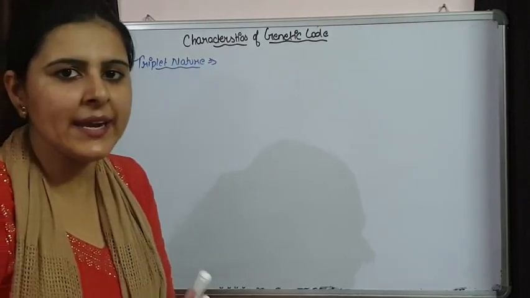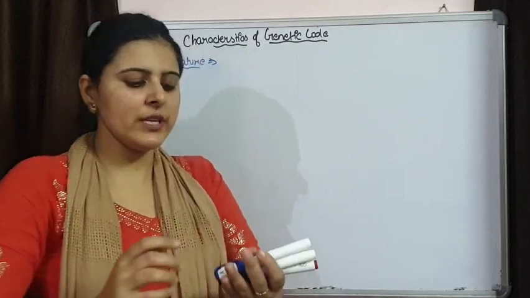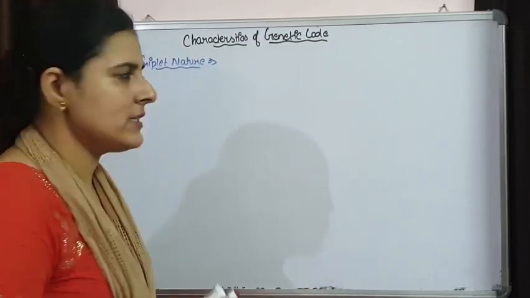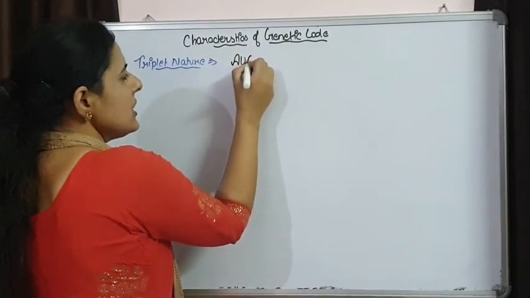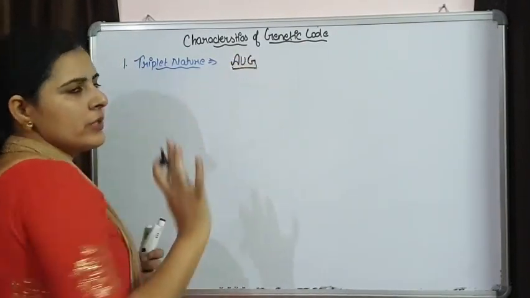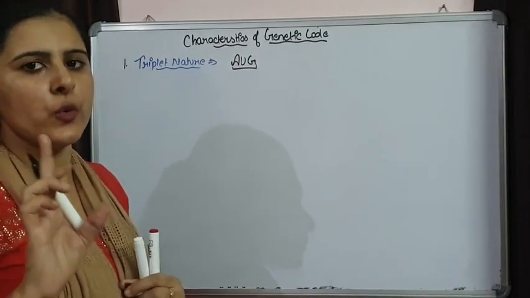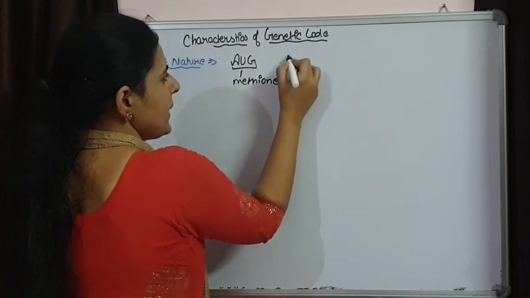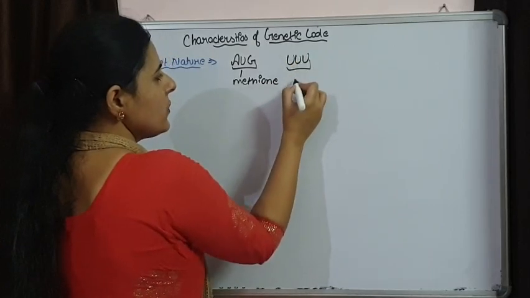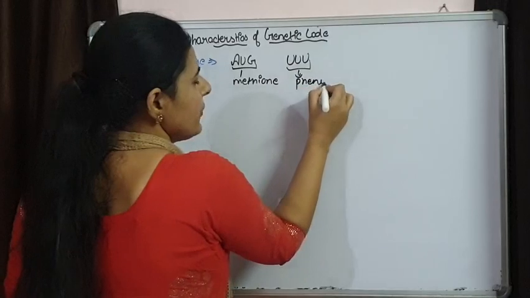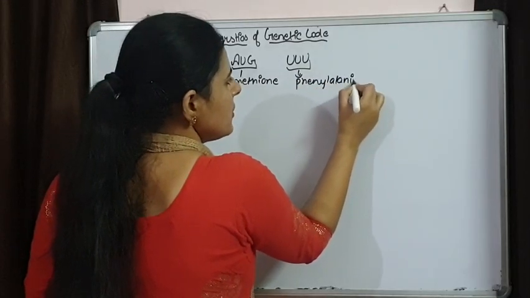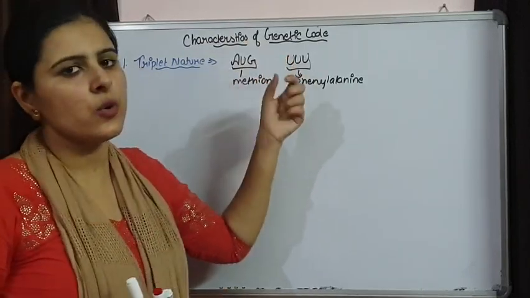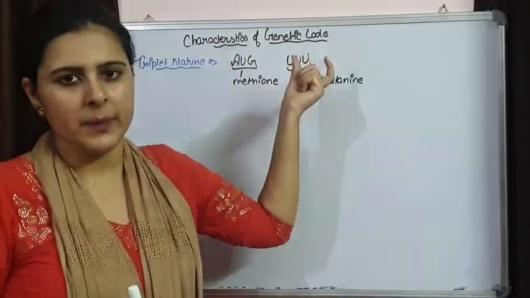We have seen that 3 nitrogenous bases, or 3 nucleotides, are going to code for one single amino acid. AUG, a group of 3 nucleotides, is going to code for one amino acid, say methionine. UUU, again a group of 3, is going to code for phenylalanine. So up to here we have seen that this genetic code functions in triplets.